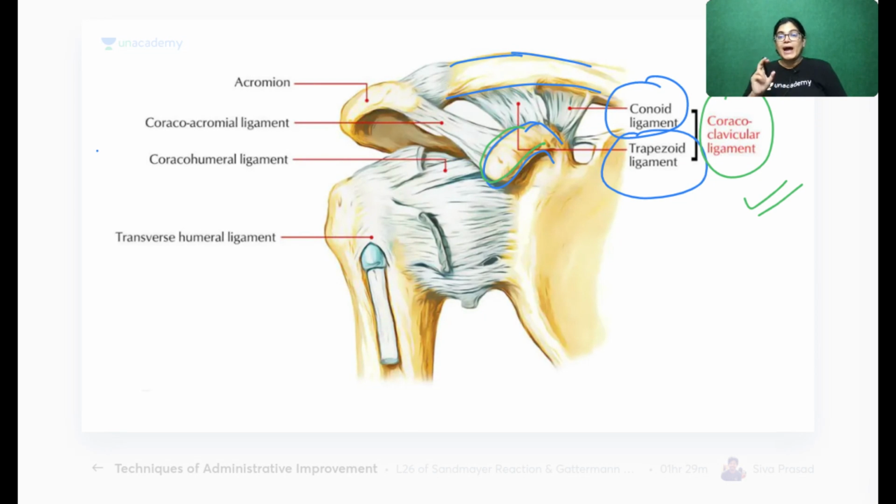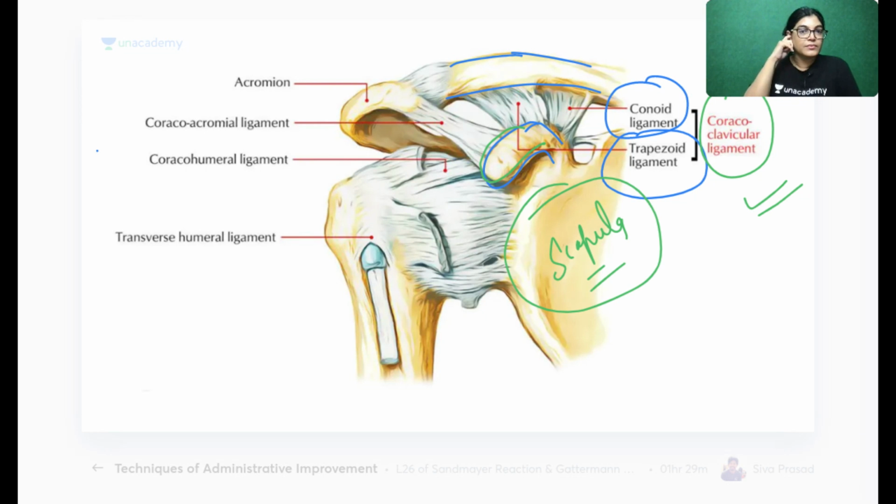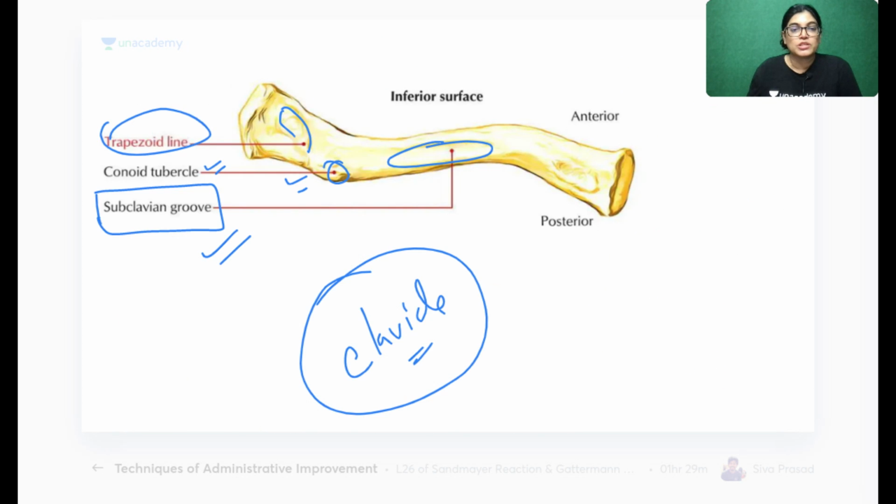From that part, the ligament attached is the coracoclavicular ligament, from the clavicle to the coracoid process of the scapula. This is the scapula. Is it okay, everyone? Everyone clear? Give me a thumbs up if it is clear. Absolutely right. Okay, can we move on to the next MCQ, question number 18?